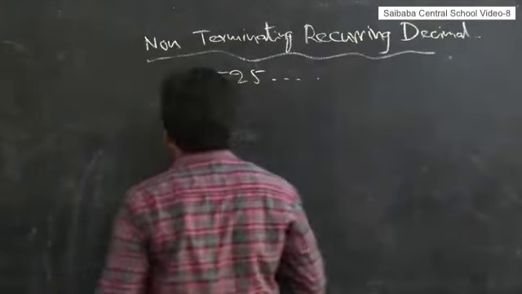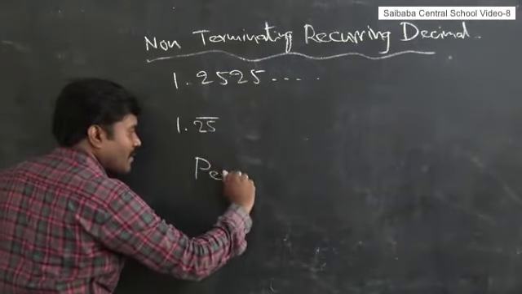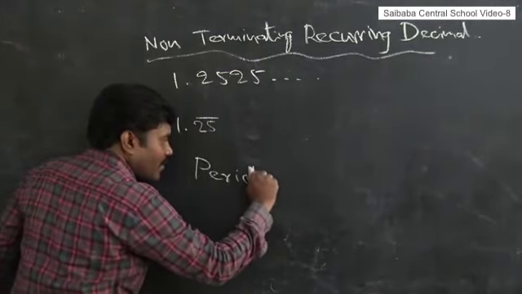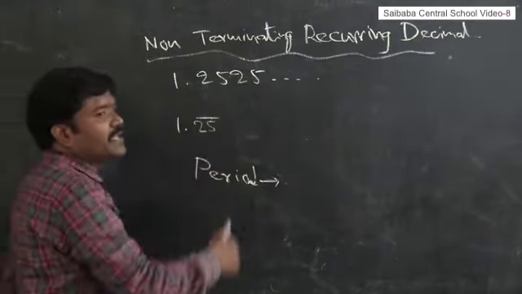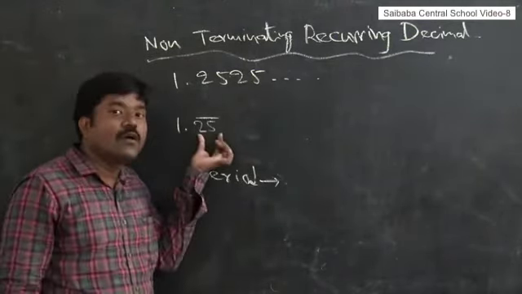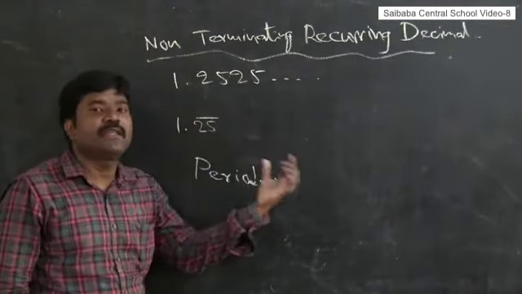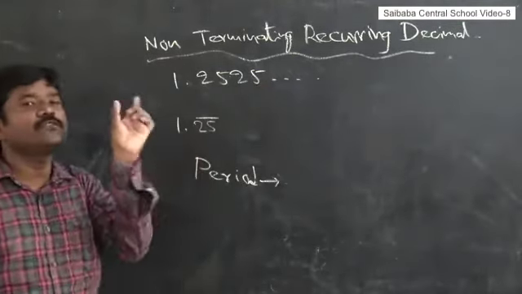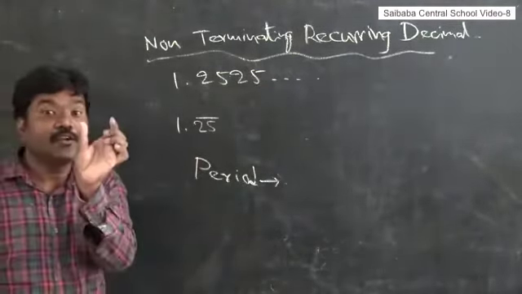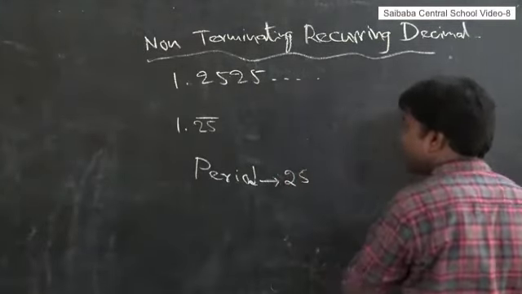What are they? Period and periodicity. What is period? The portion under the bar, the part that is repeating, is the period. Here the repeating portion is 25, 25, 25, so 25 is the period.